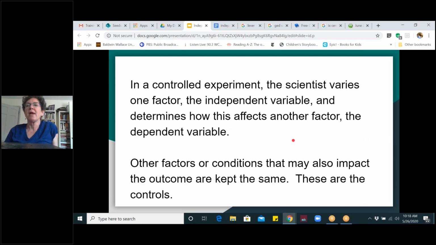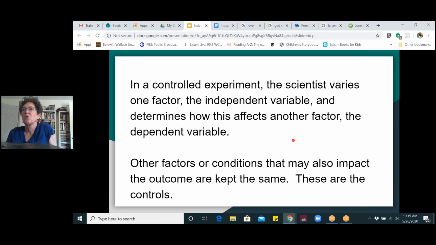So here's another definition of independent variables and factors. It says, in a controlled experiment, the scientist varies one factor, the independent variable, and determines how this affects another factor, the dependent variable. Other factors or conditions that may also impact the outcome are kept the same.